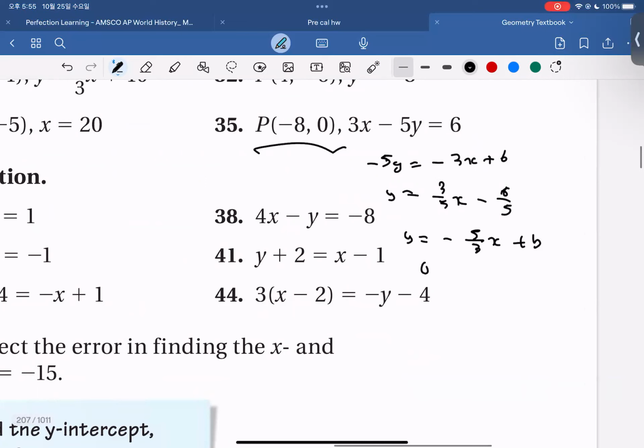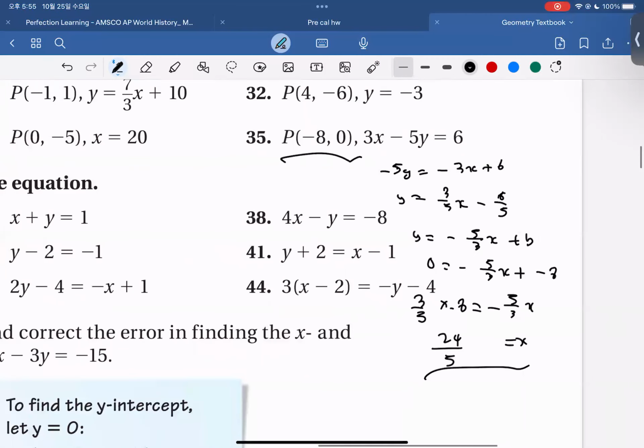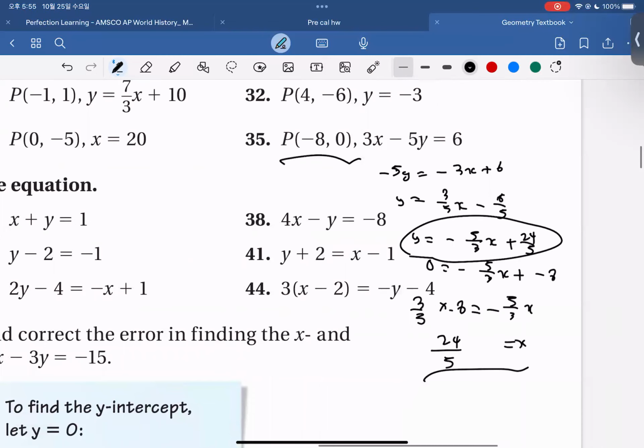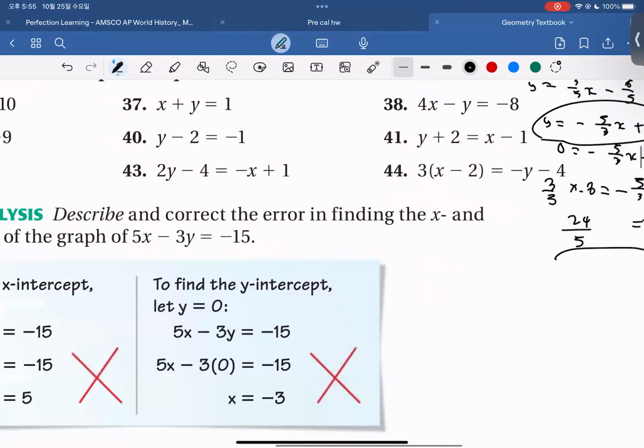So 0 is equal to... and because we multiply this backwards here, the answer is probably 24/5 as your value of b, which means the perpendicular equation has b equal to 24/5, and that would be your answer.